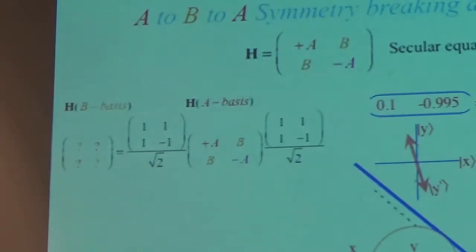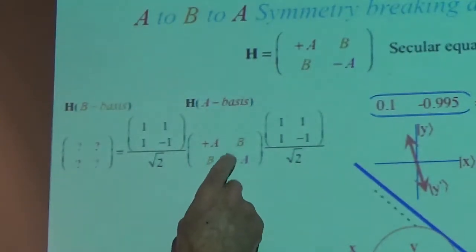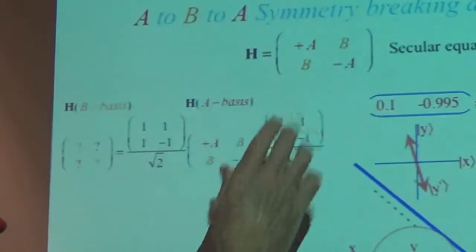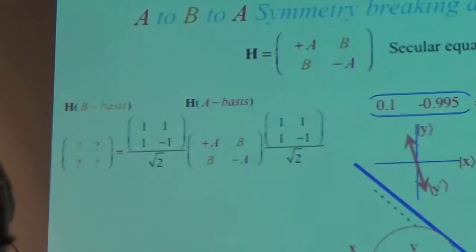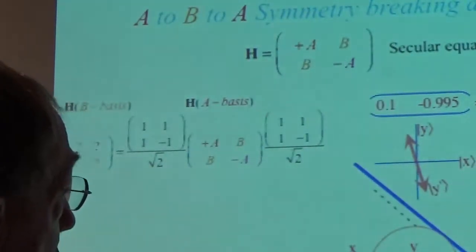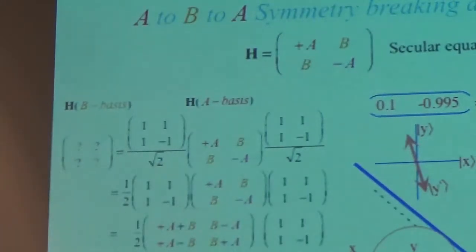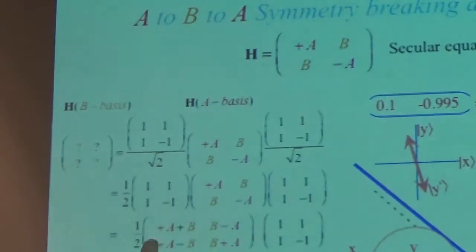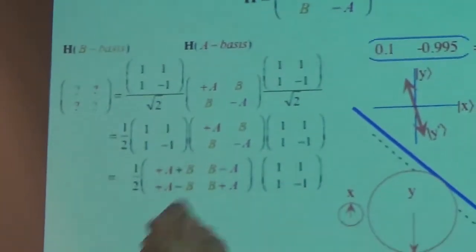So if I apply this similarity transformation to my A basis, my view of this Hamiltonian in the up-down basis, and use the eigenbasis of just the B part to be a new home, so to speak, taking the square roots out and putting a half here, so I can multiply these two matrices.